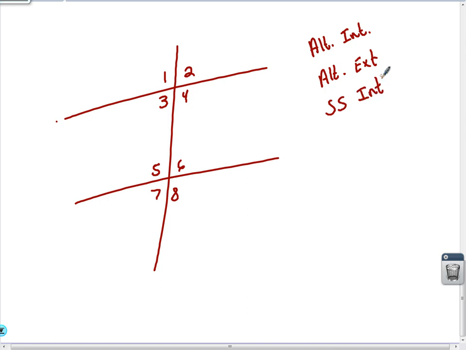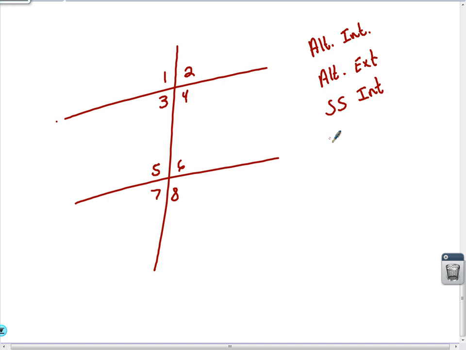Then you have same side interior. And I don't care for you abbreviating it like this if you want to. Abby, help me with it. Same side interior. Here's your interior angles. Abby, give me a couple of sets of same side interior. Okay, thank you. Nicole, help her out. Same side interior. 4 and 6, or 3 and 5. Good job.